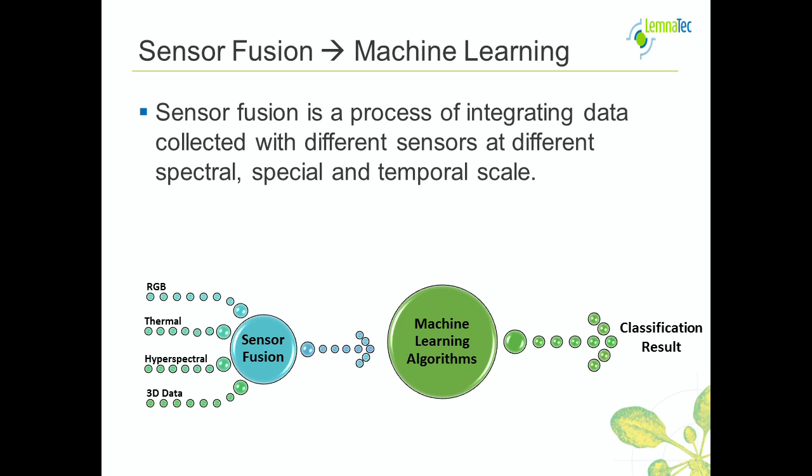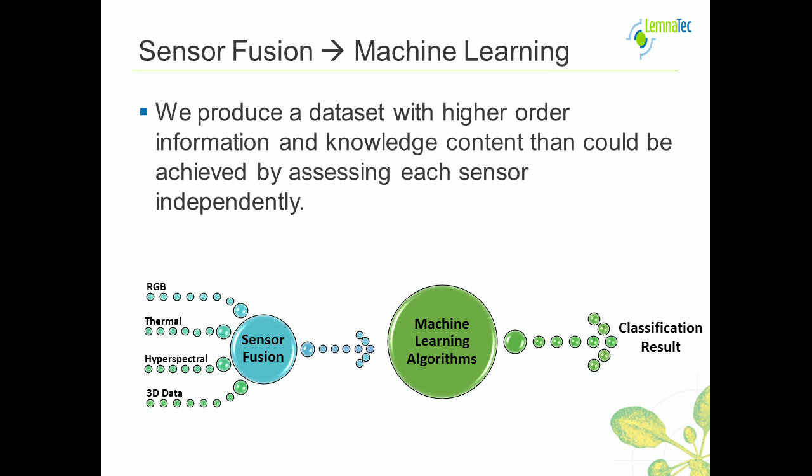Sensor fusion is a process where we integrate data collected with different sensors at different spatial, spectral and temporal scales. And we are putting all the data together as one data set, which can contain more information compared to each single sensor.